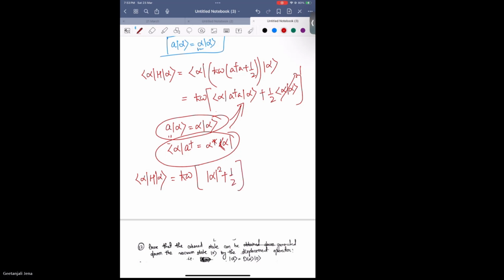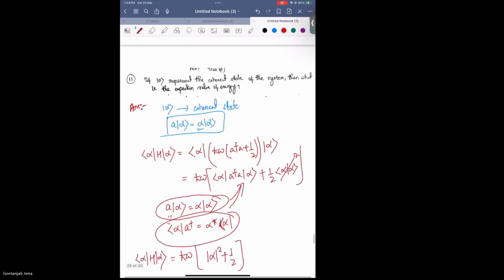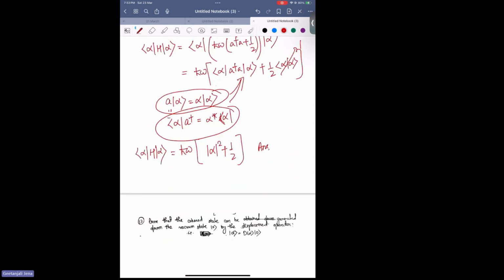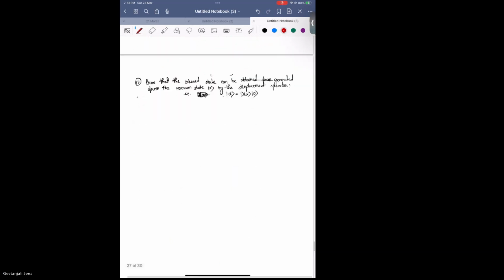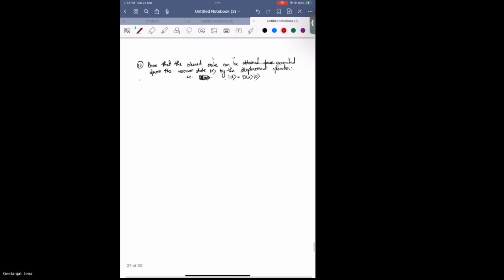This is the expectation value of energy that you will get in a coherent state. So this is the answer. These are based on the coherent state.